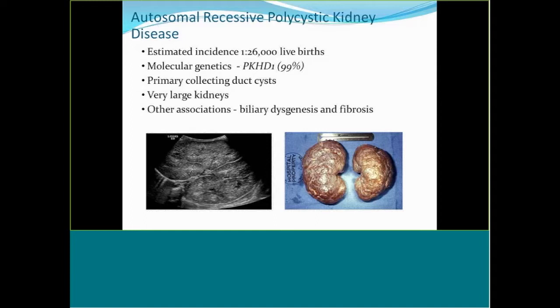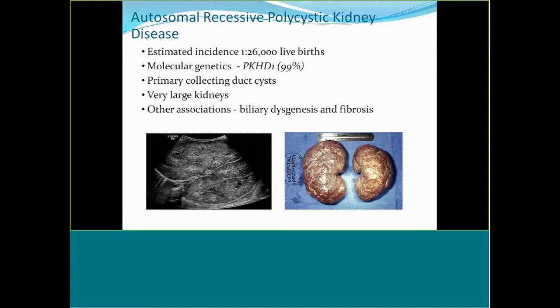It actually interacts with the gene product that goes awry in autosomal dominant that I'll come to in a minute as well. But the cysts that you see in autosomal recessive polycystic kidney disease are primarily in the collecting duct. They're isolated to the collecting duct. These kidneys are huge, and these children also have issues with their liver.